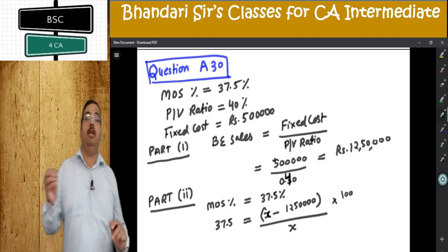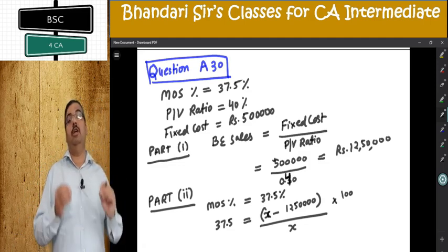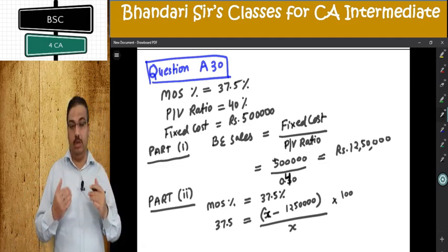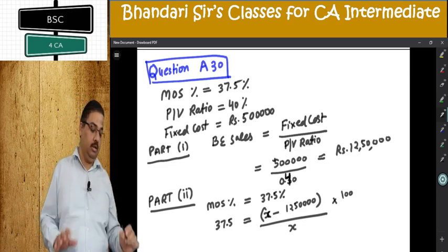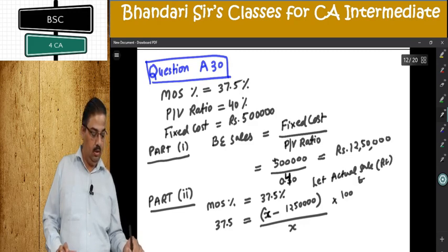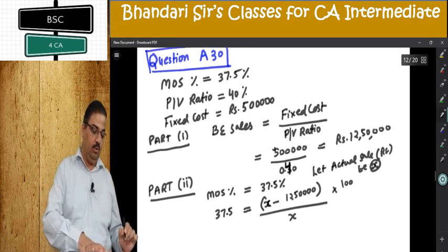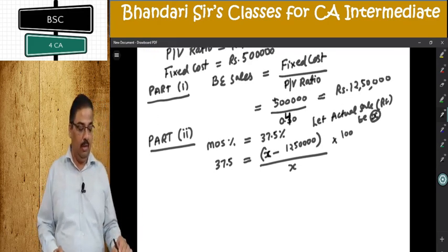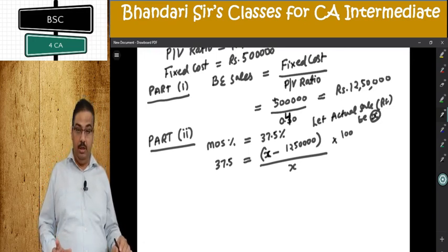What is margin of safety percentage? Margin of safety in rupees divided by actual sale in rupees multiplied by 100. Actual sale minus break-even sale, that is MOS in rupees, divided by actual sale in rupees into 100.